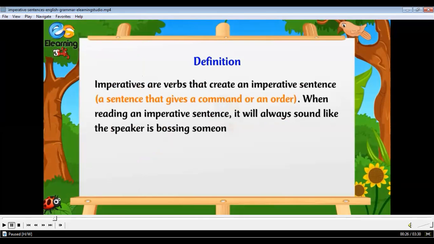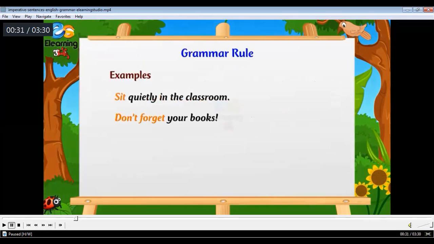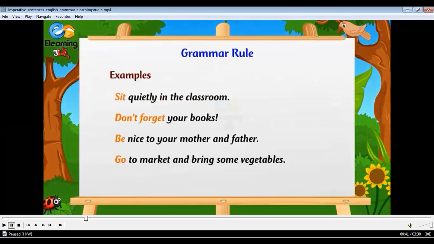Imperatives are verbs that create imperative sentences, sentences that give a command or an order. When reading an imperative sentence, it always sounds like someone is bossing someone around, ordering someone or giving instructions.